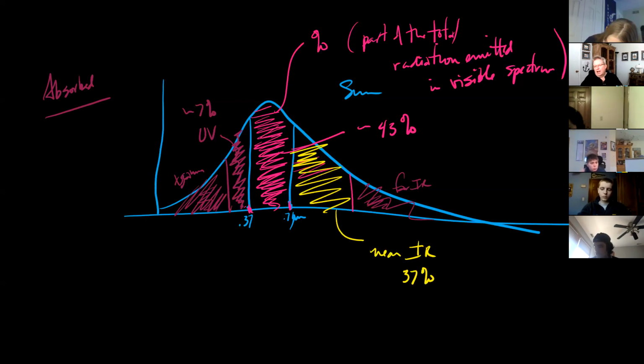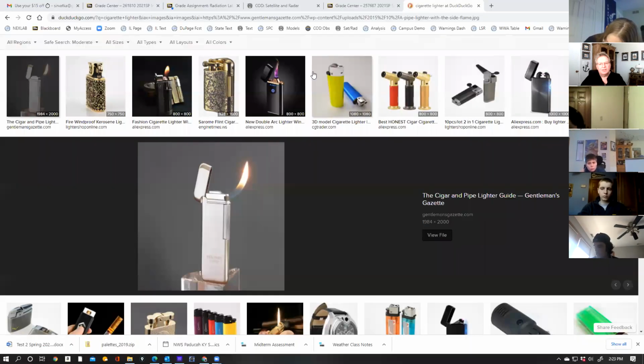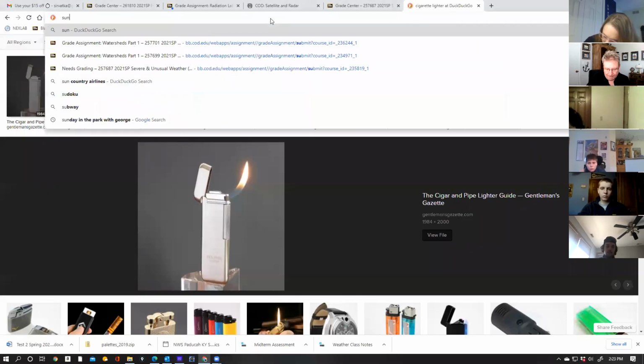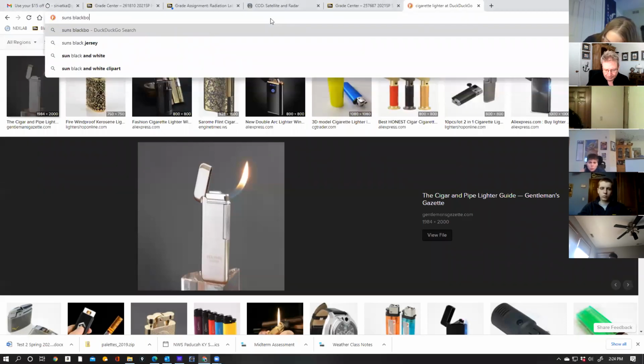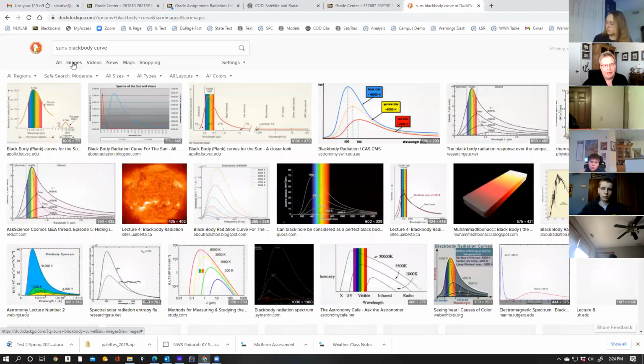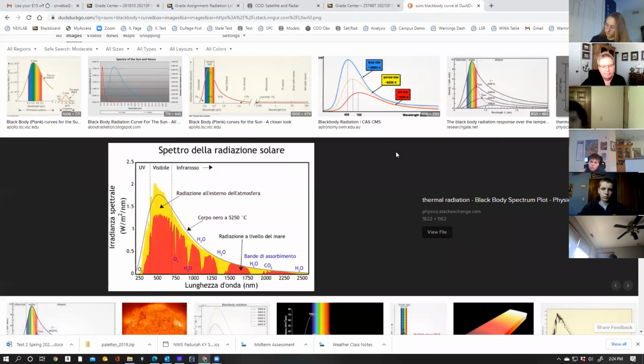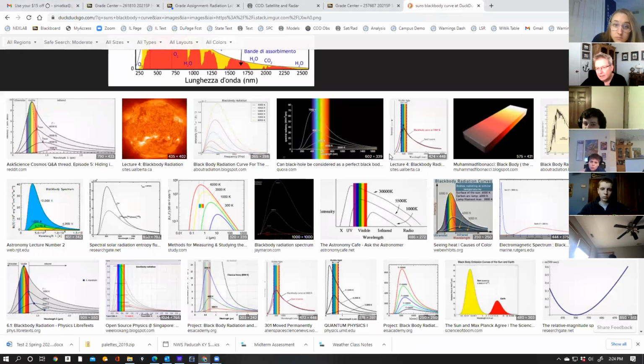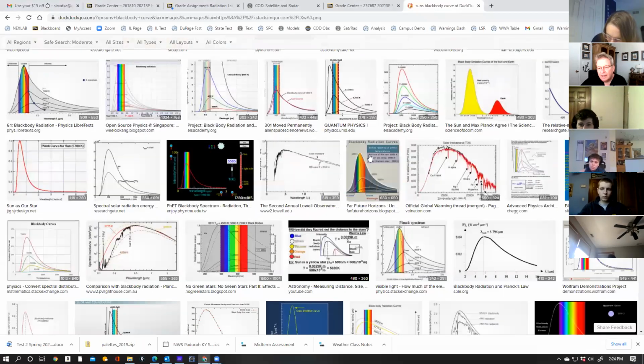So now we can do something interesting like this. I'll go to the sun's black body curve, and we get something like this. Let's see if we can get something that's not in Italian.